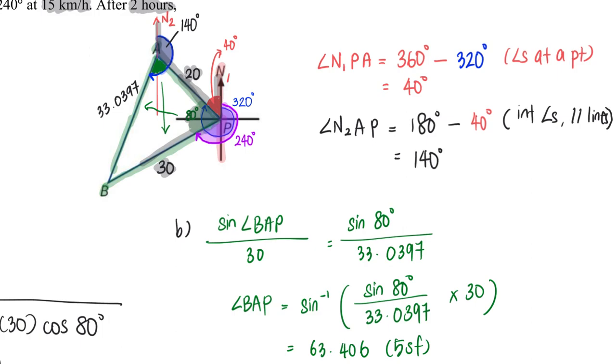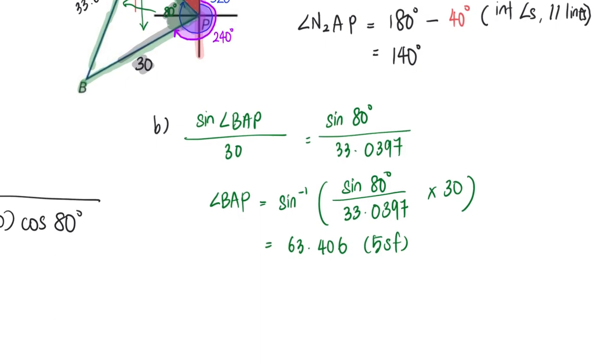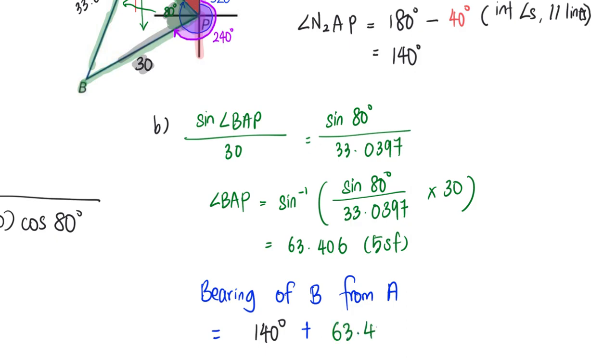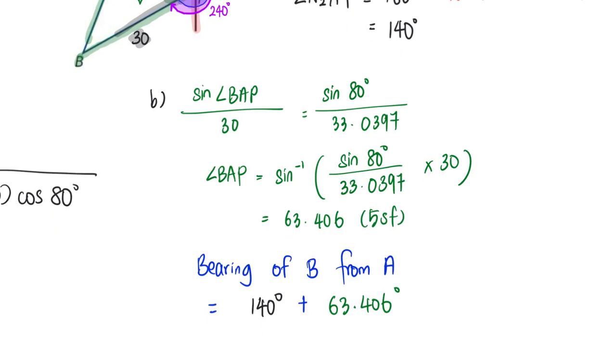That is 140 degrees, and therefore the final answer, the bearing of B from A, is equal to 140 degrees plus 63.406 degrees.